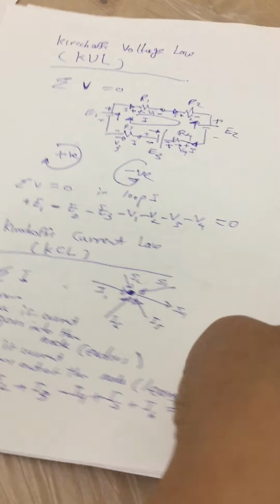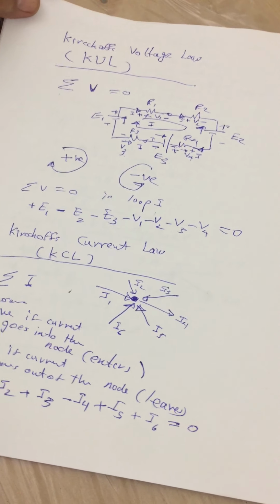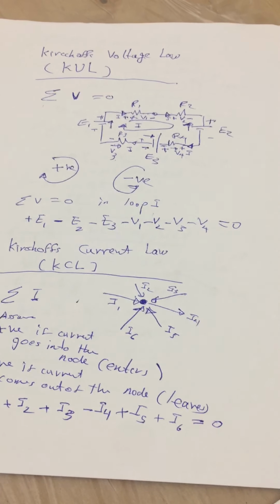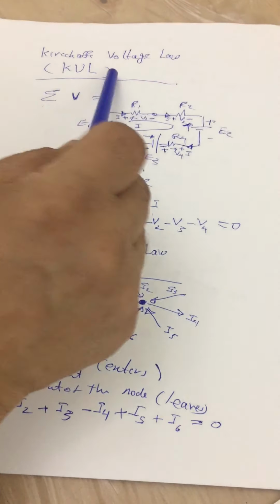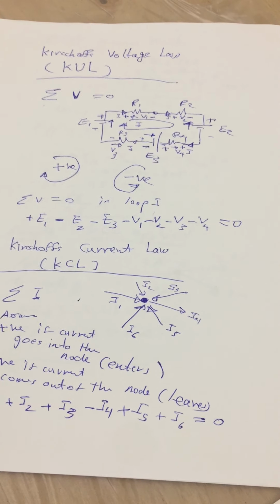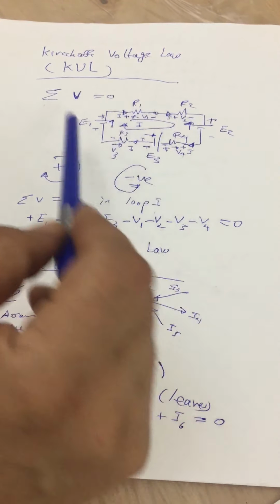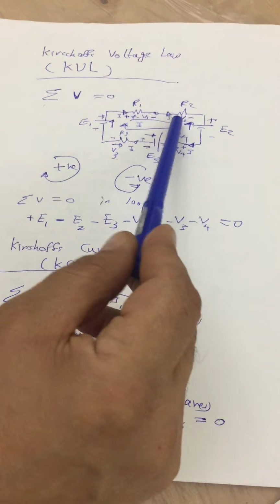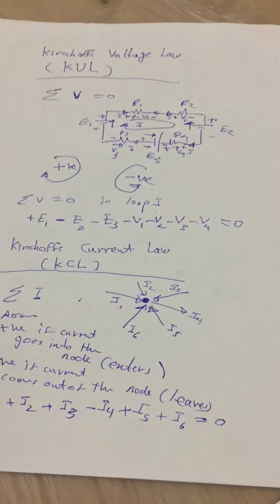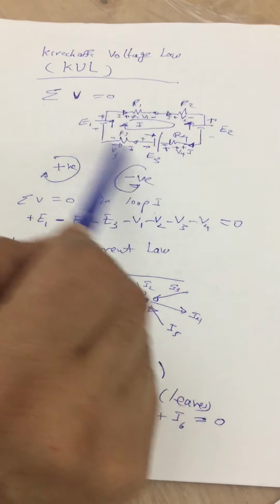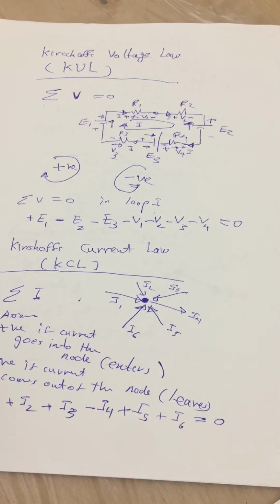Now we'll go to the other two laws of electric circuits. The first one is called Kirchhoff's voltage law, or KVL. KVL basically says that if we have a closed loop, and in that closed loop we have elements, resistors and voltage sources, for example, then the sum of all voltages across these elements should sum to 0.